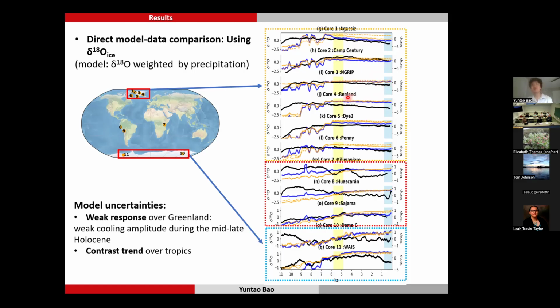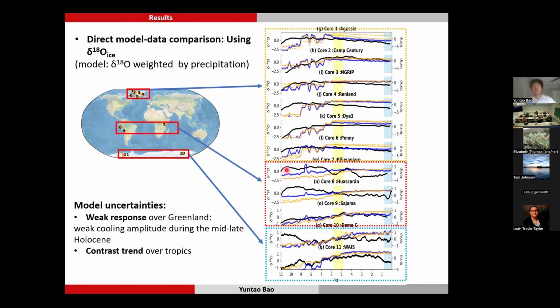Very weak, especially in Greenland and Dye 3, these sites. So here we see that the model indeed has some uncertainties or weakness, especially the weak response over Greenland. Another surprising one is over the tropical region.